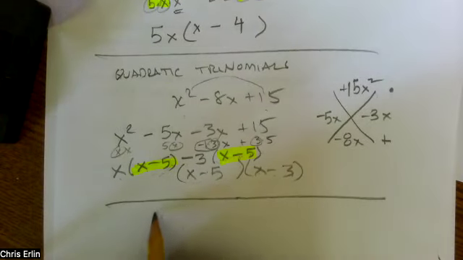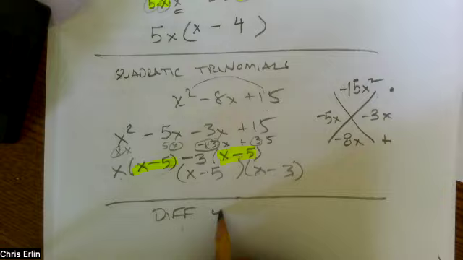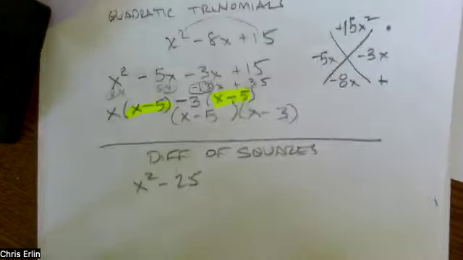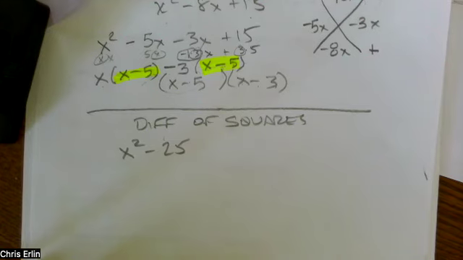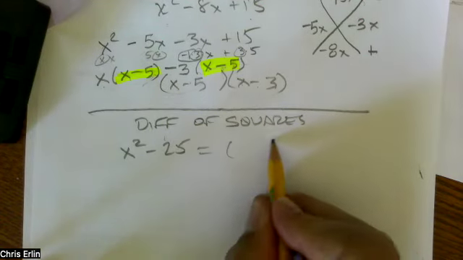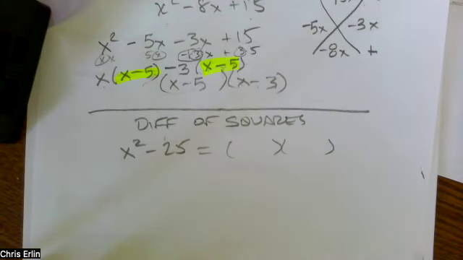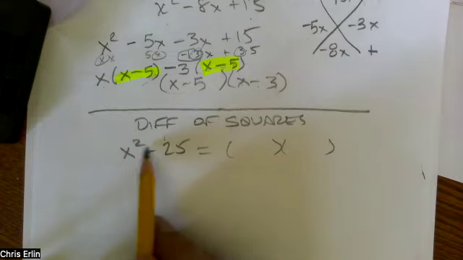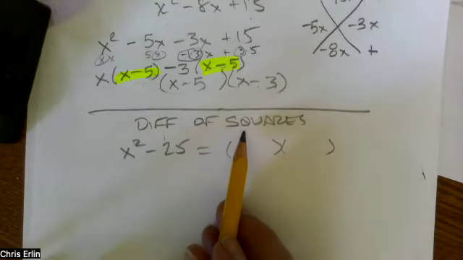We do have some special cases like difference of squares. When I've got x squared minus 25. Remember how that factors? Do you agree that this is a difference, subtraction, of squares?